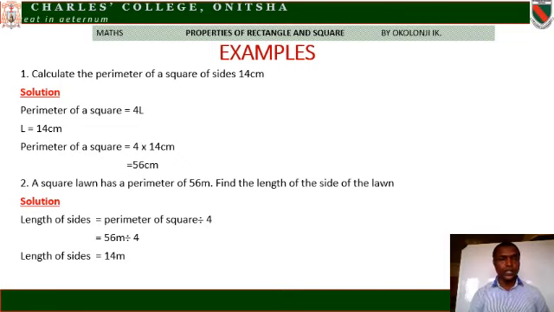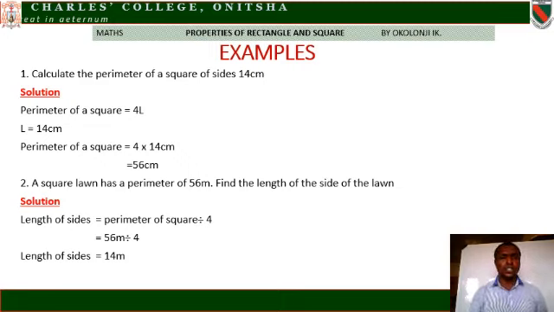A square lawn has a perimeter of 56 meters. Find the length of sides of the lawn. Now, in this very problem, you are asked to find the length, and it is only the perimeter that is given to you.